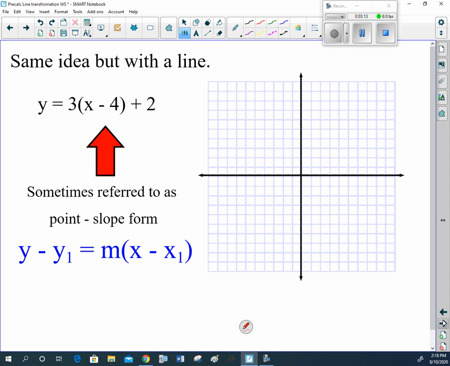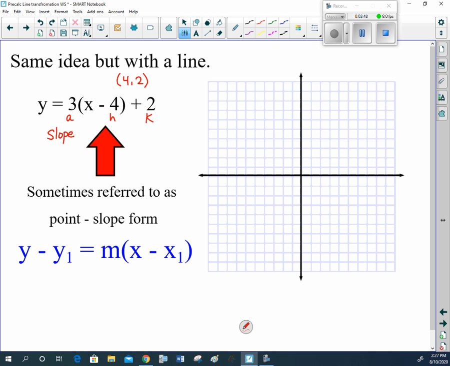Okay, now we're going to do the same thing with a line. So if you look at this equation right here, y equals 3 times (x minus 4) plus 2, this is your A, this is your H, and this is your K. Well, you guys are probably used to, instead of the vertical stretching and shrinking, that average rate of change, that's going to be your slope. And then H, K is going to be a starting point. So this 4, 2 is going to be a starting point.